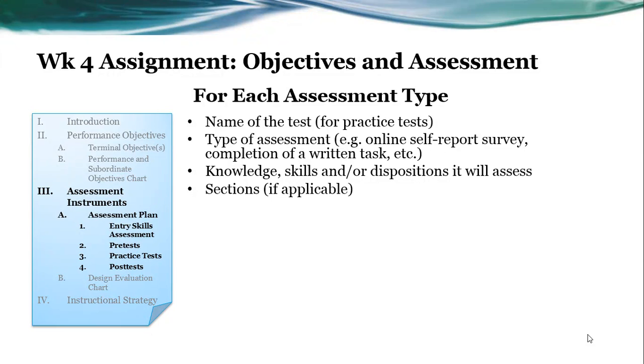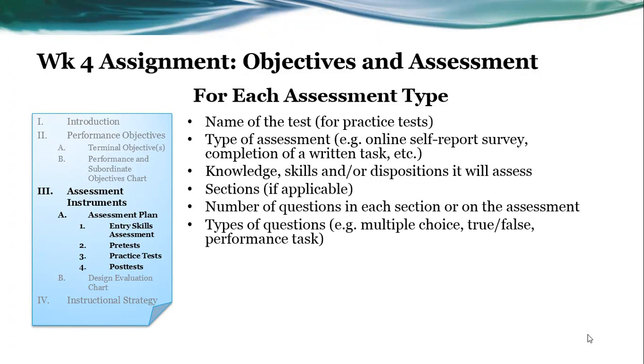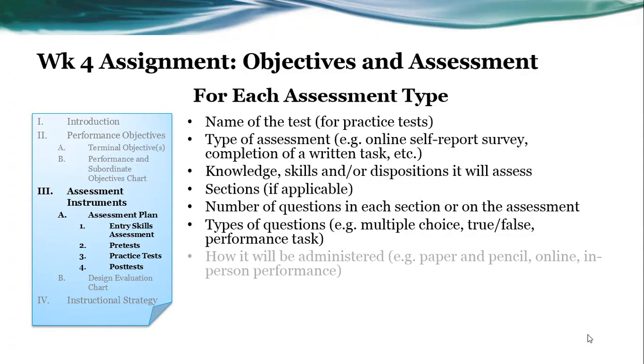The sections, if you're going to break down that test into different sections because you want to organize the sections per objective, or you want to organize the sections per type of item, just tell me if you're going to have sections on that test, the number of questions in each section or on the assessment, and the types of the questions. So it's a multiple choice, it's going to be true false, it's going to be a performance task.